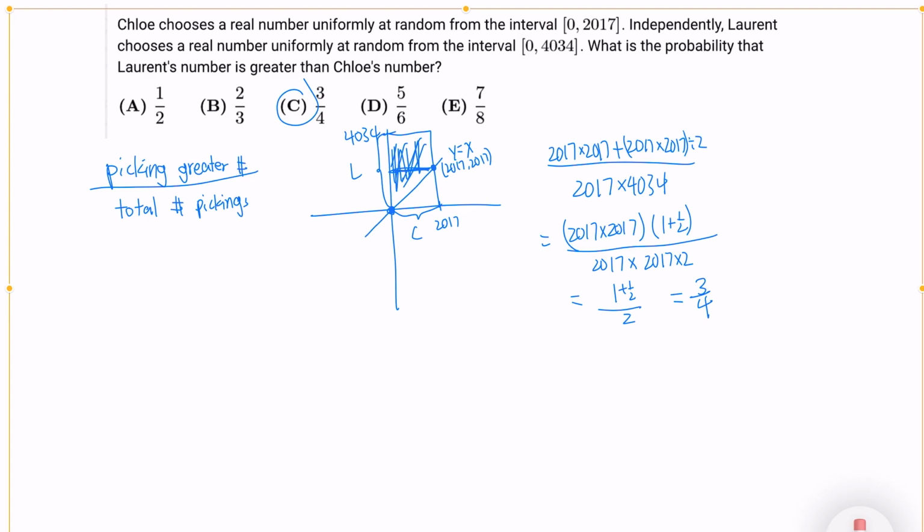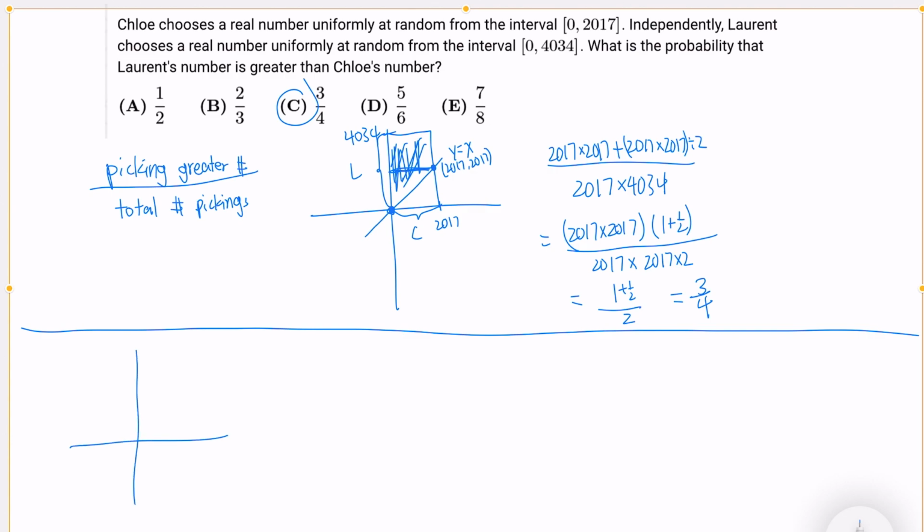There is also another way to solve this problem. So I'll be sketching out the graph right here once again to show you guys the second way to solve this problem.